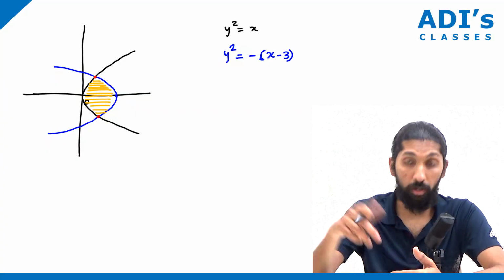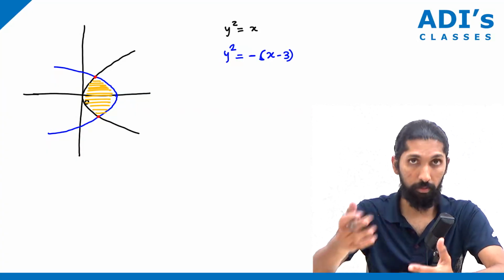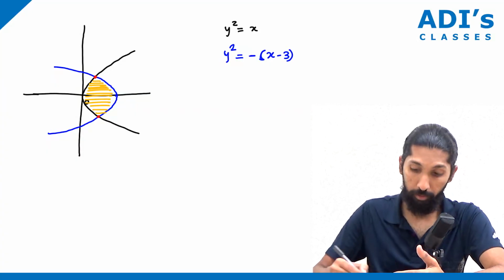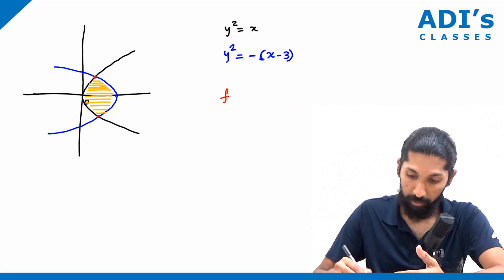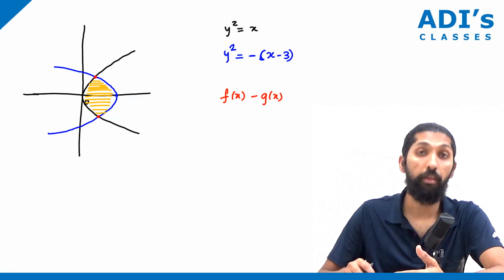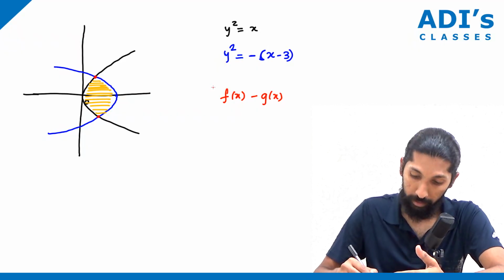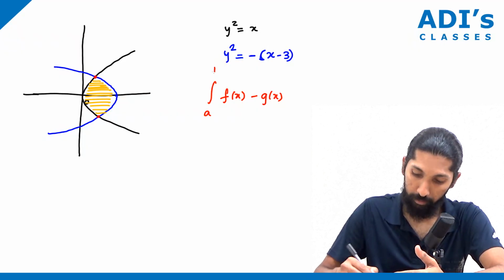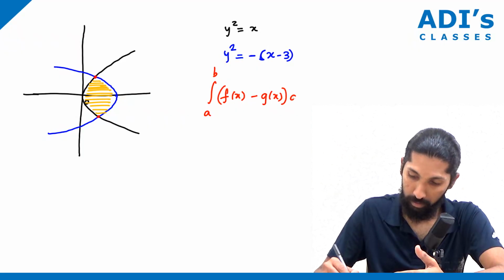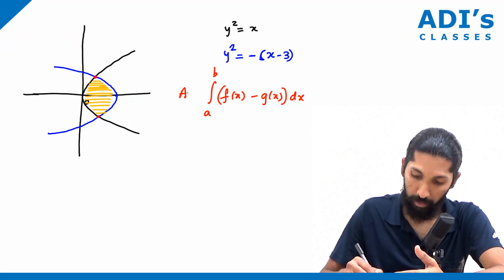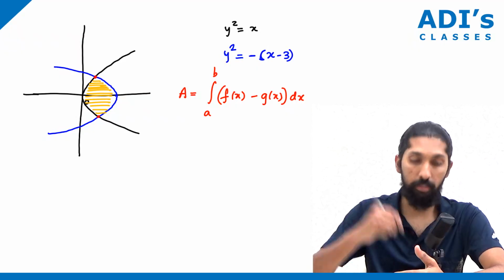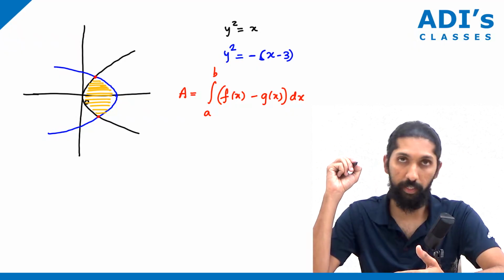Clear? This is what we were discussing in the previous part. You do f of x minus g of x, then integral from a to b dx. This gives us the area, isn't it? So this is what we are going to do. Fair enough?